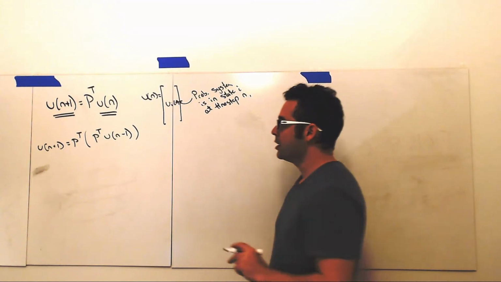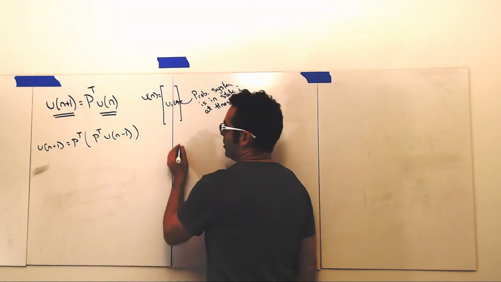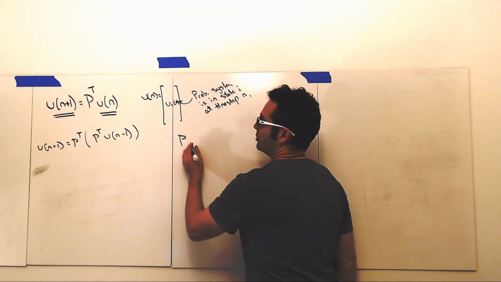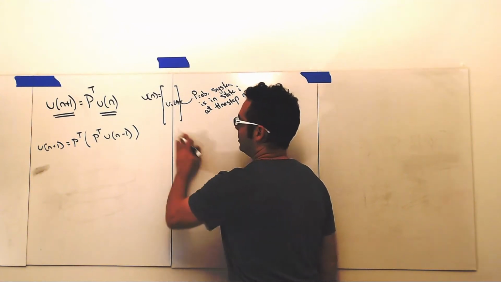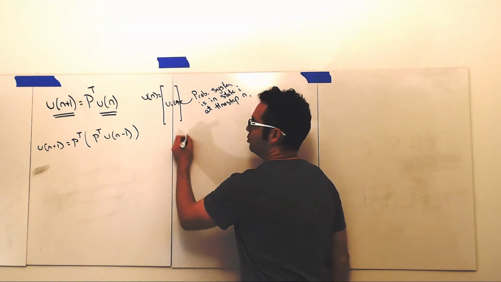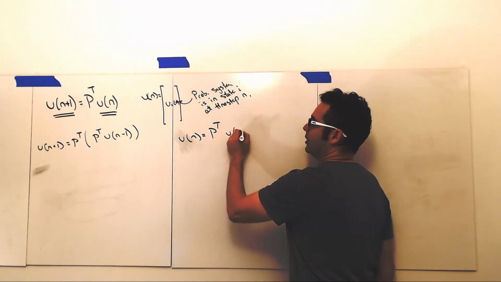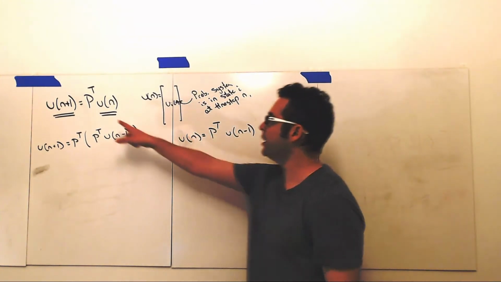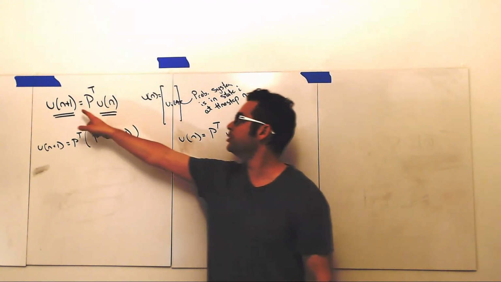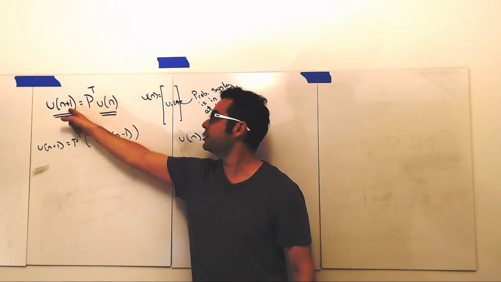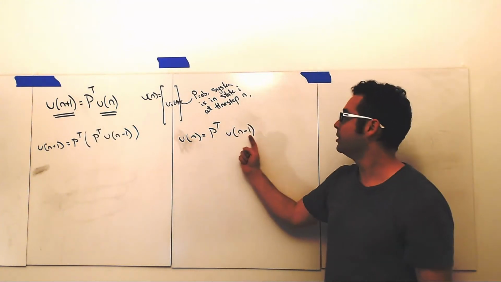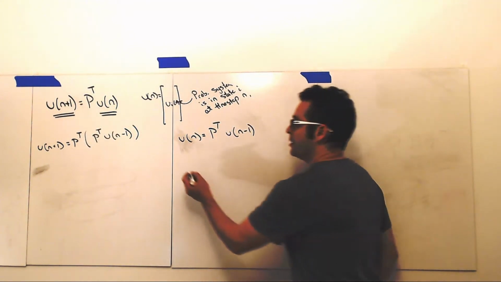Okay. Likewise, let's just write that down and be a little bit more clear. So we know that u of n is equal to p transpose times u of n minus 1. And that's just applying the same equation. All we're doing is changing the index right here, so it's n minus 1 to n.